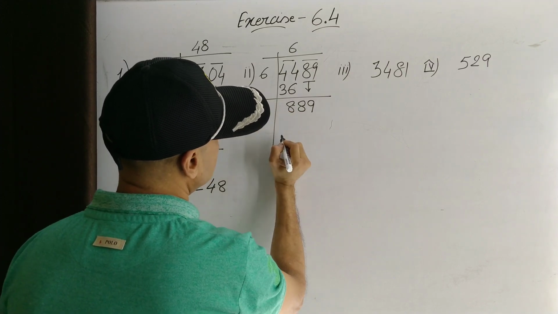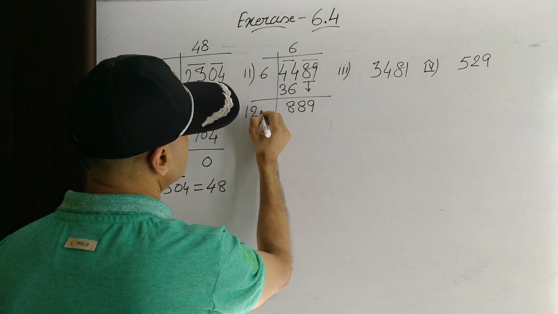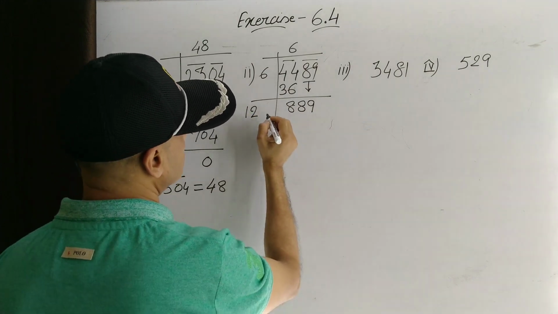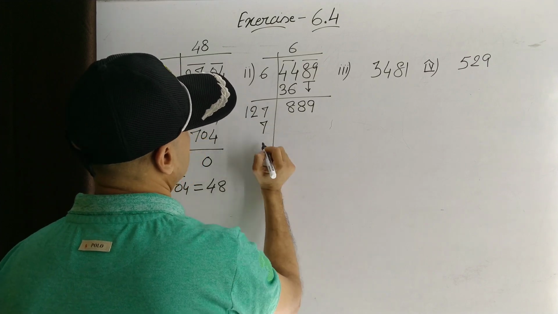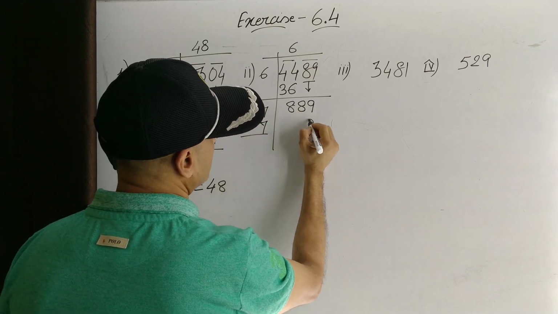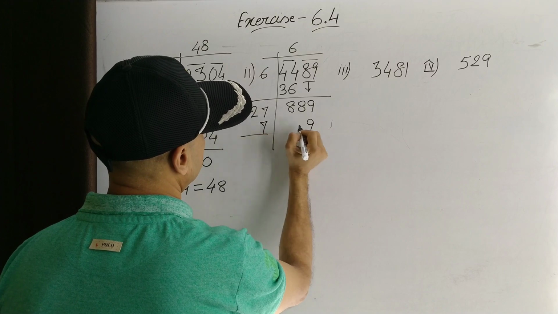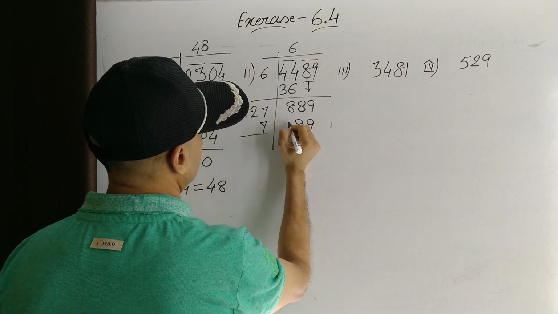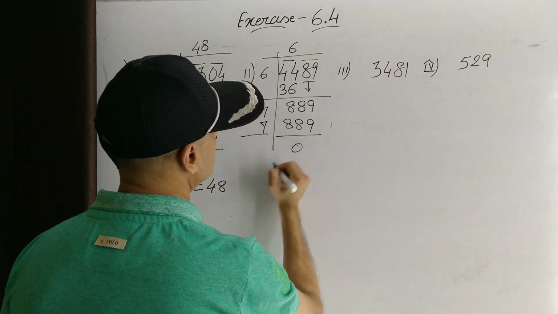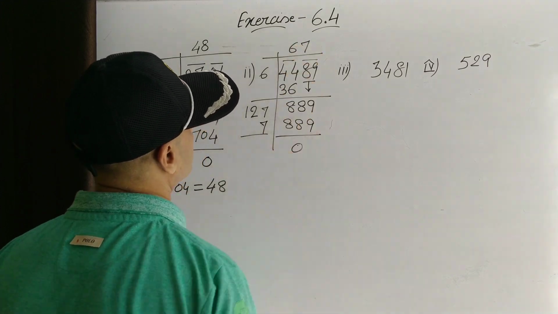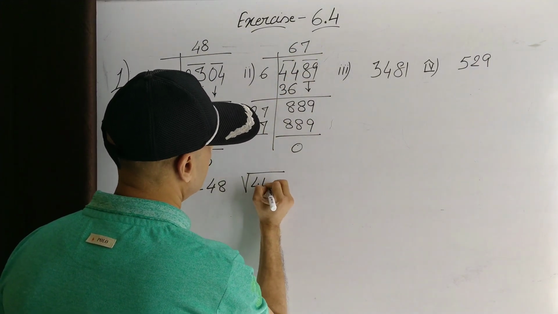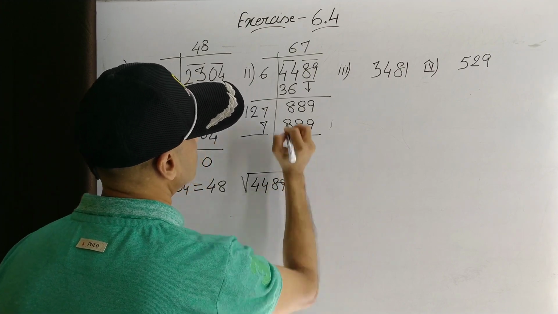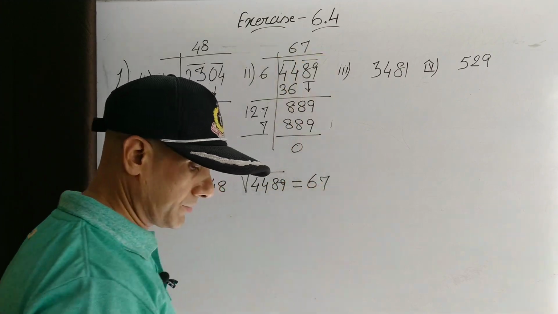We want 9 in the unit position, possible 3 into 3 or 7 into 7. Since we need 8 in the hundreds position, we go with 7, and we'll have 49 and 889. Remainder 0, and the right hand component of the quotient will be 7, and hence square root of 4489 will be equal to 67.